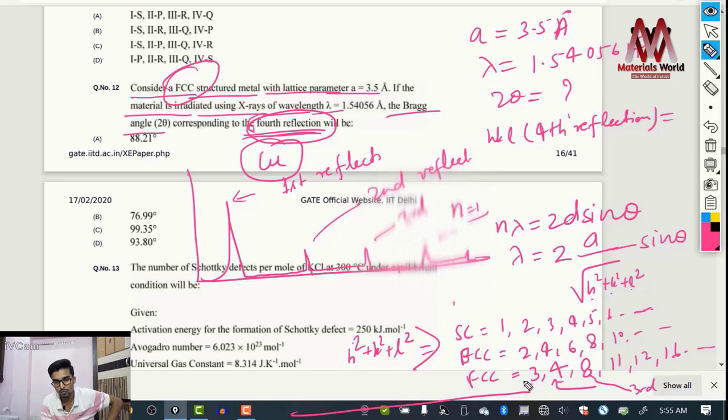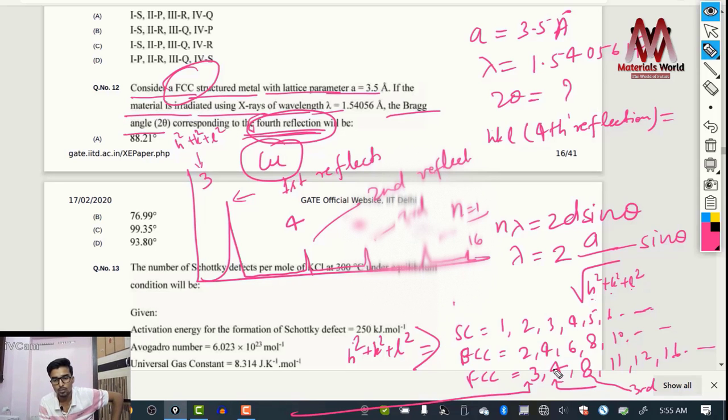For the first reflection, h square plus k square plus l square is 3. For the second reflection it is 4. Then 8, then 11, then 12, and then 16.